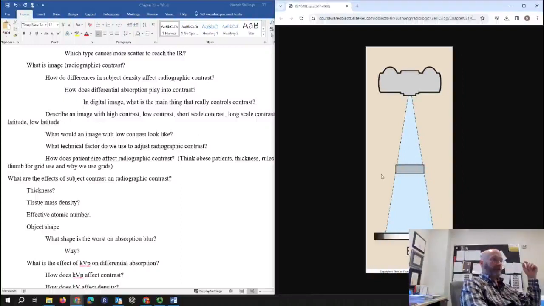As opposed to on this structure, we have to penetrate a little bit. So what penetrates through this little edge over here is going to be slightly darker than what this area over here does, as it looks on the image.